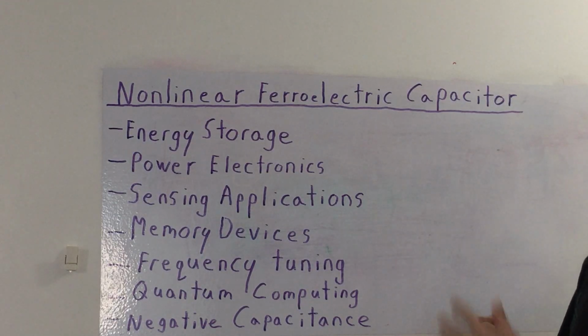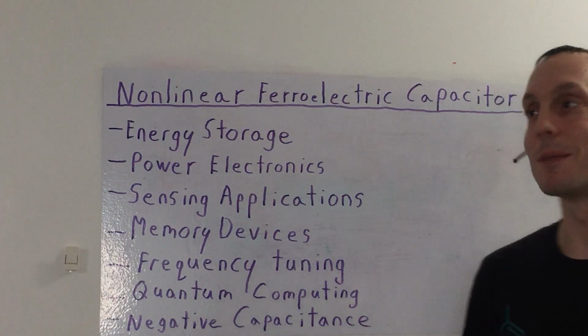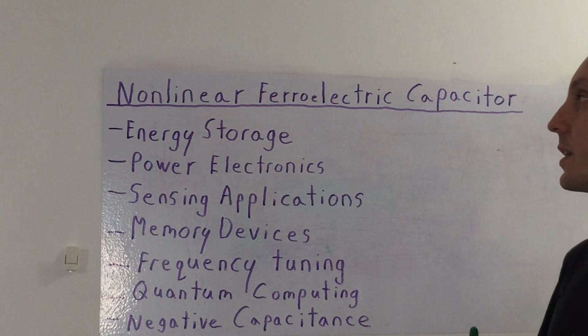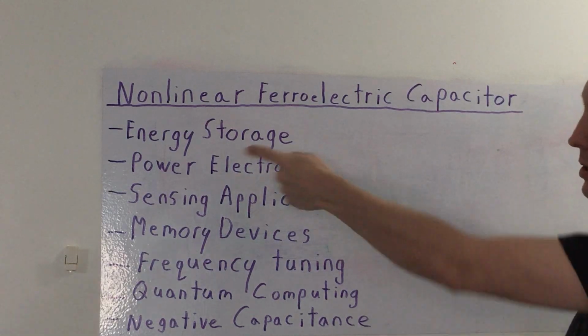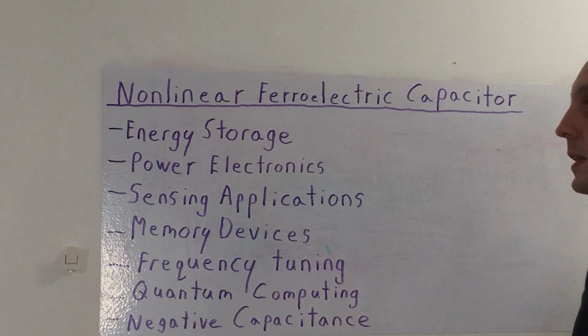So it's got a bit of a memory. The area within the hysteresis loop is related to the energy lost in the process of charging and discharging the capacitor. Potential applications of nonlinear ferroelectric capacitors I have listed here.